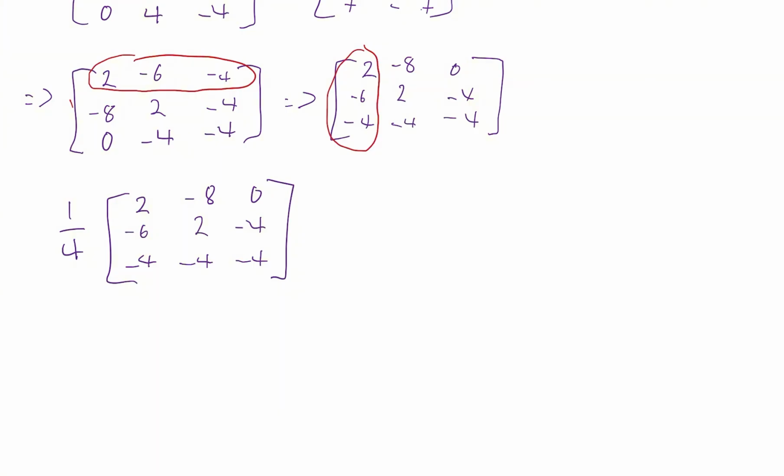And you can simplify this a little bit by making it a half outside of 1, minus 4, 0, minus 3, 1, minus 2, minus 2, minus 2, minus 2. And there you have your inverse matrix for a 3 by 3.